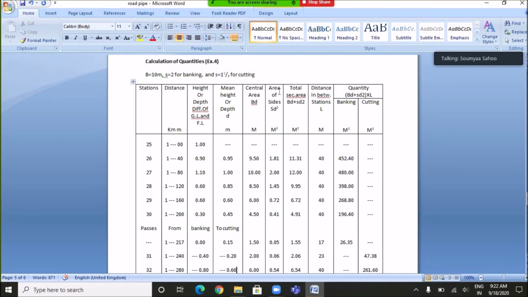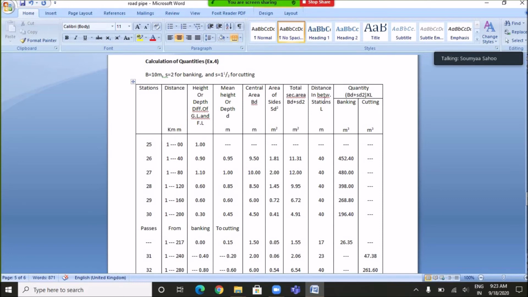The area of sides we have to calculate by the formula SD square, where S is the side slope and D is the mean height or mean depth. Then we have to calculate the total area of the section by adding the area of central portion and the area of the sides.